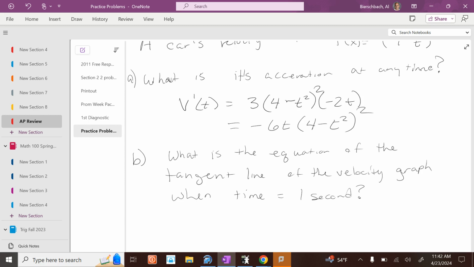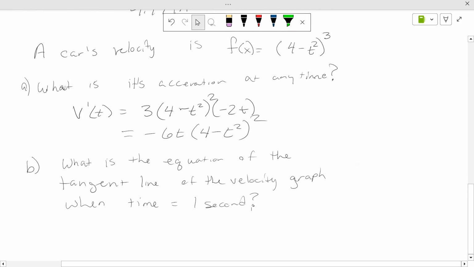What is the equation of the tangent line of the velocity graph when the time equals 1 second? So, what'd you say? The tangent, the slope.